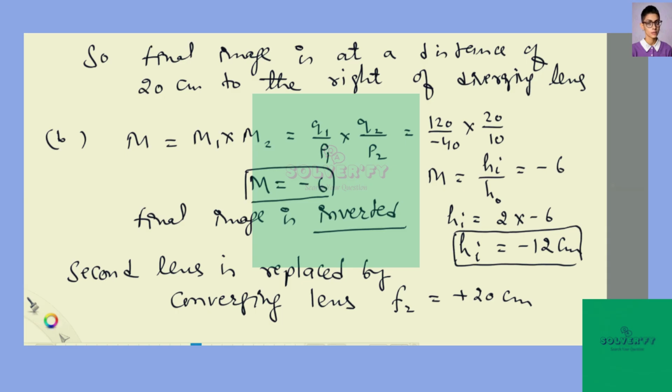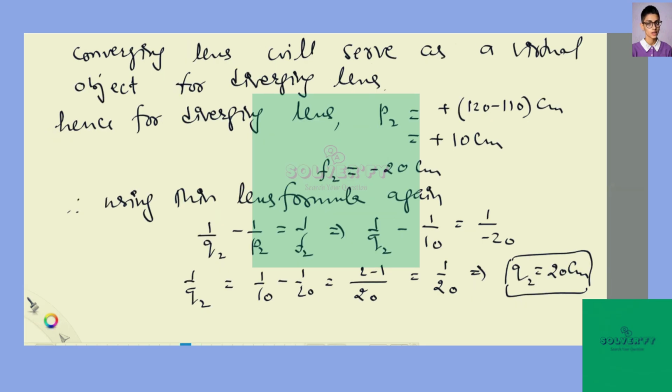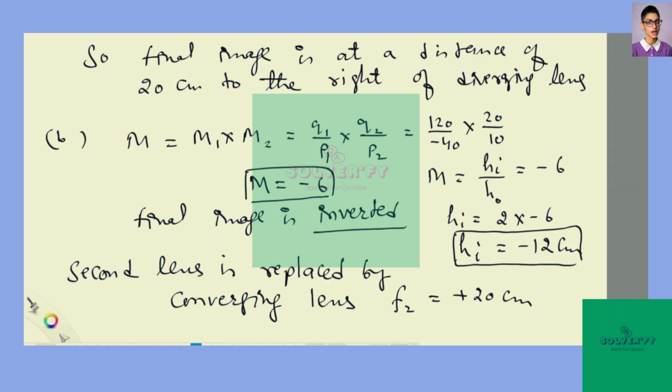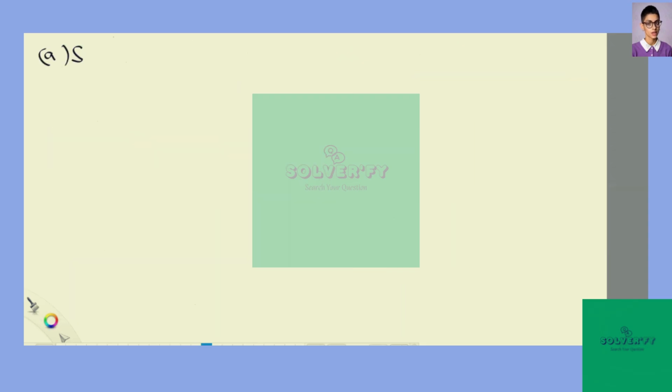So the calculation of the first part will remain the same, means the image formed by the first converging lens will be at 120 centimeter. The distance between the two lenses will be 110 centimeter. So we have to change the calculations only for the second lens, and this will become again the first part of the problem.